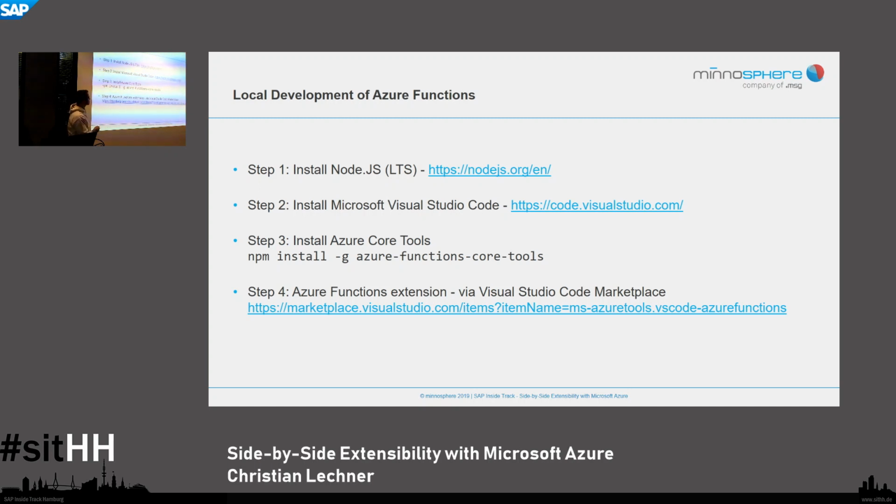You have to install Microsoft Visual Studio Code, which anybody has on his machine, right? Okay. Then you install the Azure Core Tools, which is a simple npm install on your Windows machine. And after that, you install the Azure Function extension for your Visual Studio Code, which is an official plugin. And that's it.